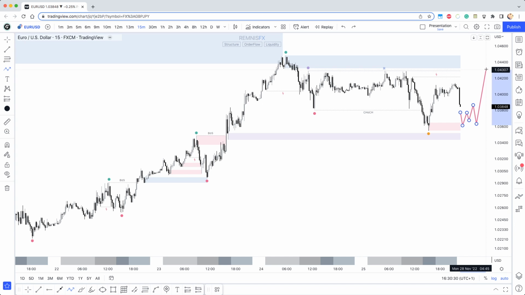So price does not have per se to mitigate any order flow or order block point of interest, but if it does, then it adds confluence. You could probably target your engineered liquidity area here.